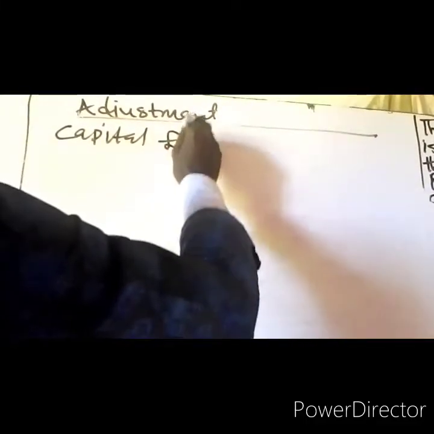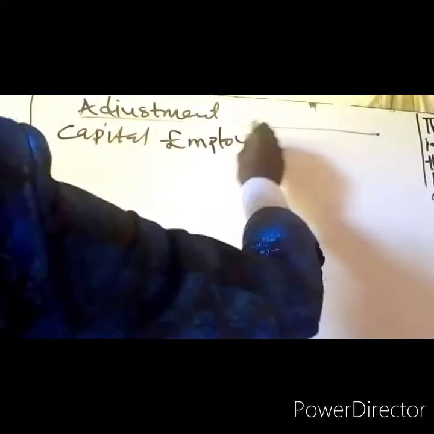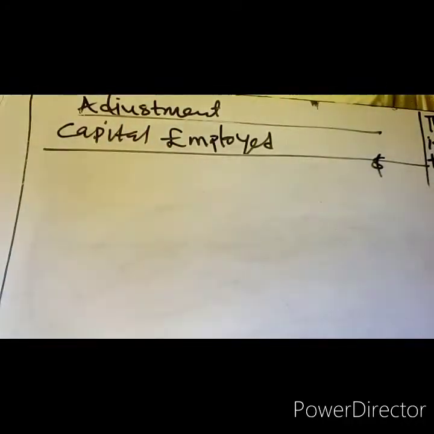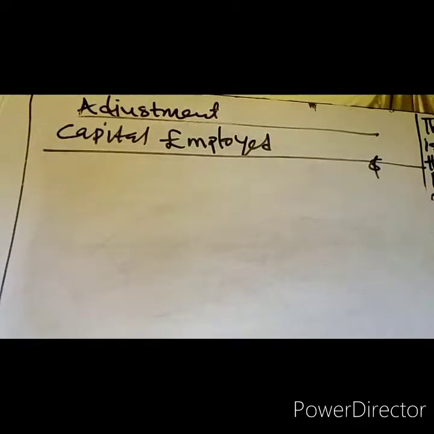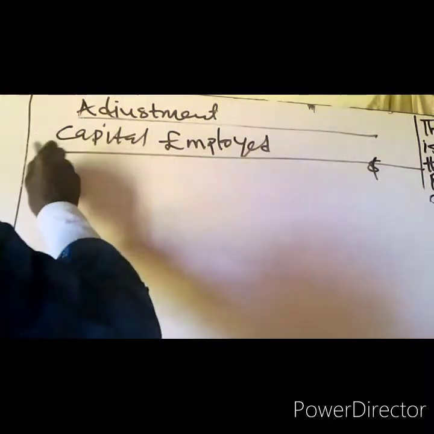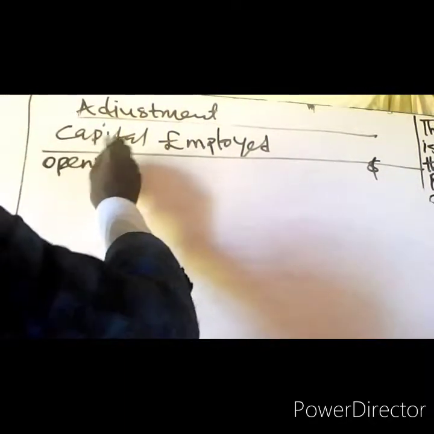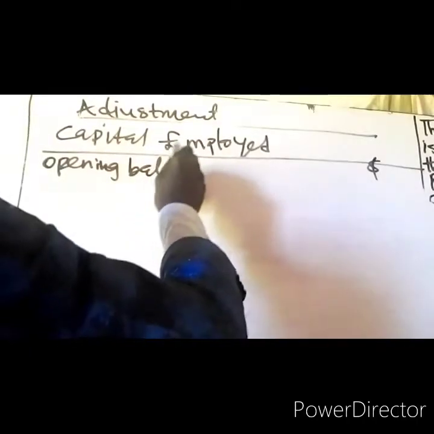So we have capital employed. Don't forget, the capital employed to be used for every calculation is the opening balance. You are starting with the opening balance of capital employed.